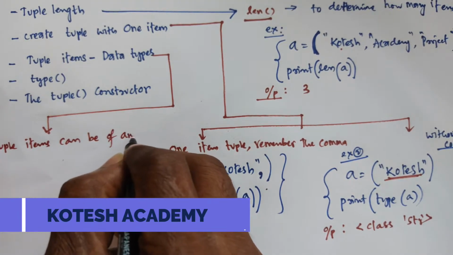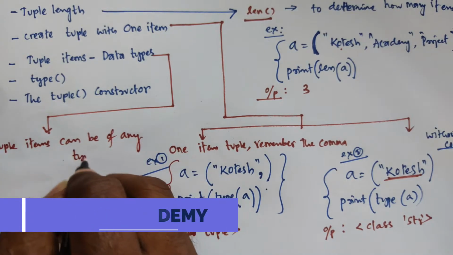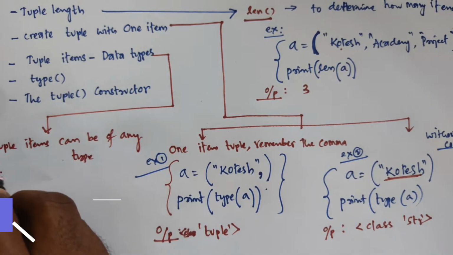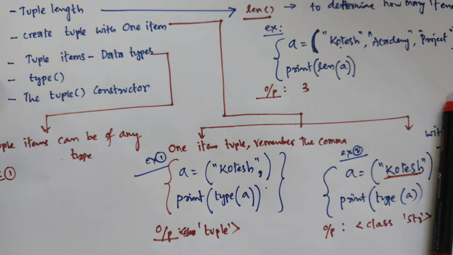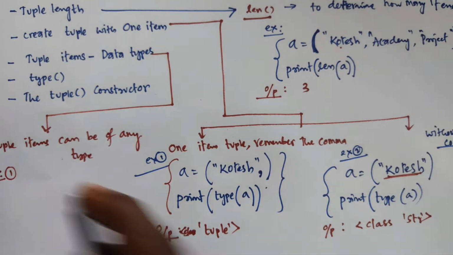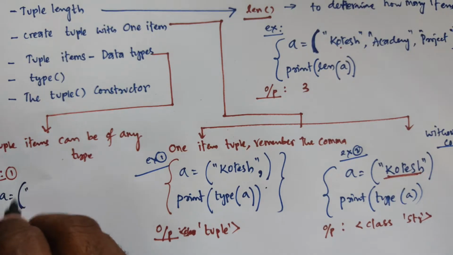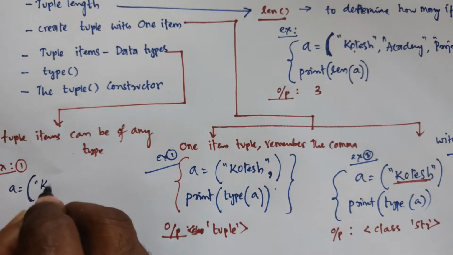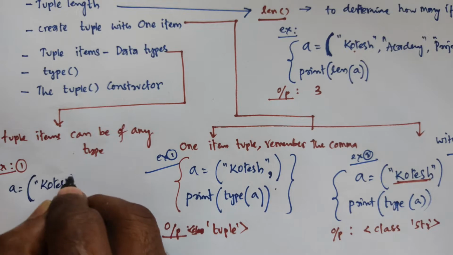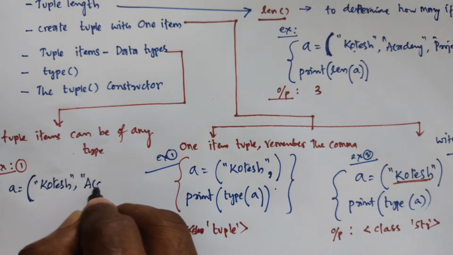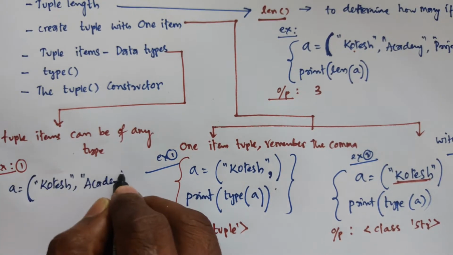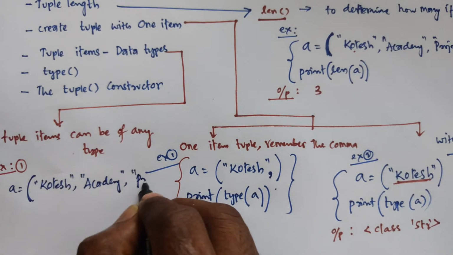For example, example 1: A is equal to, always represented in round brackets, Kotesh, next one academy, next one project.